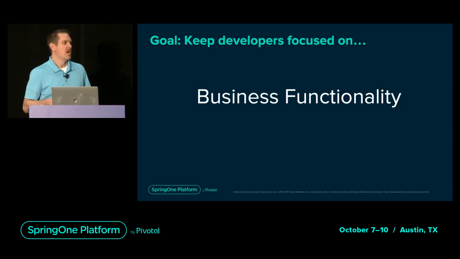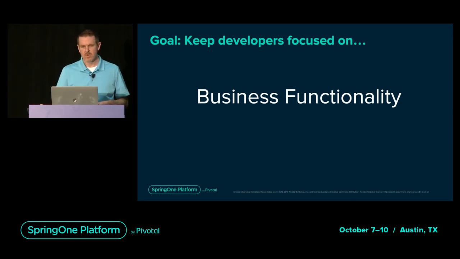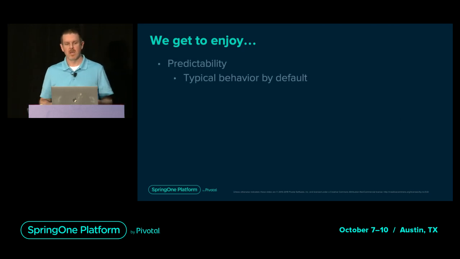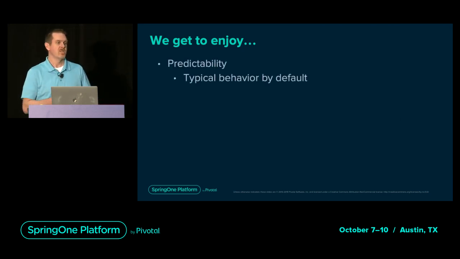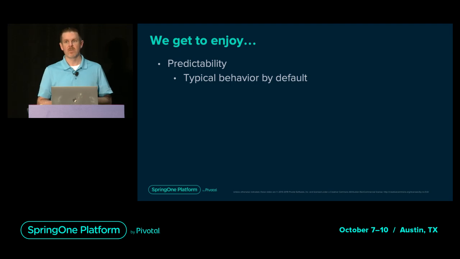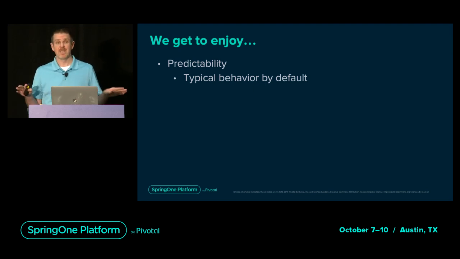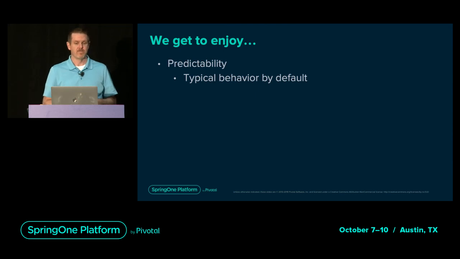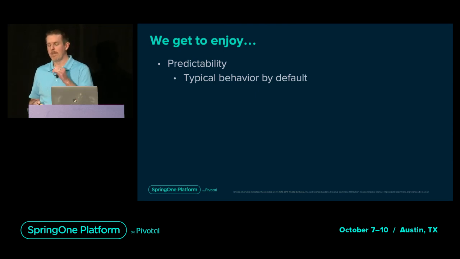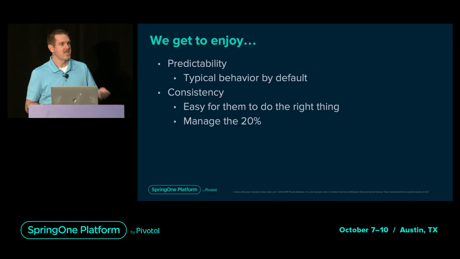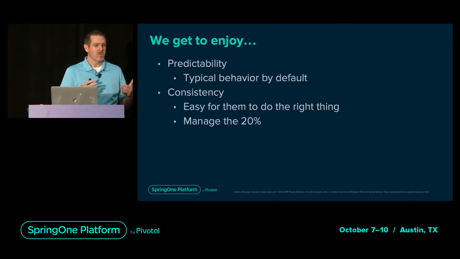As architects, we get some benefits too, right? So we get to enjoy things like predictability, right? Just out of the box, we've provided some good standard functionality that if the developer does nothing, we should feel pretty good about what's being delivered into production, right? So we get that behavior by default. We get consistency. Hopefully we've hit the 80%, right?